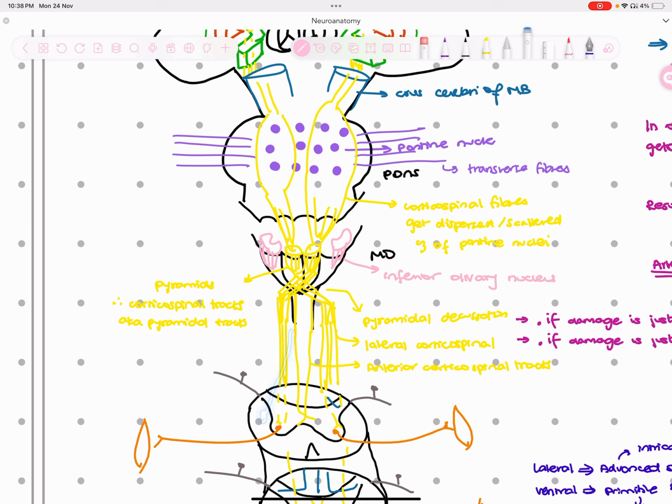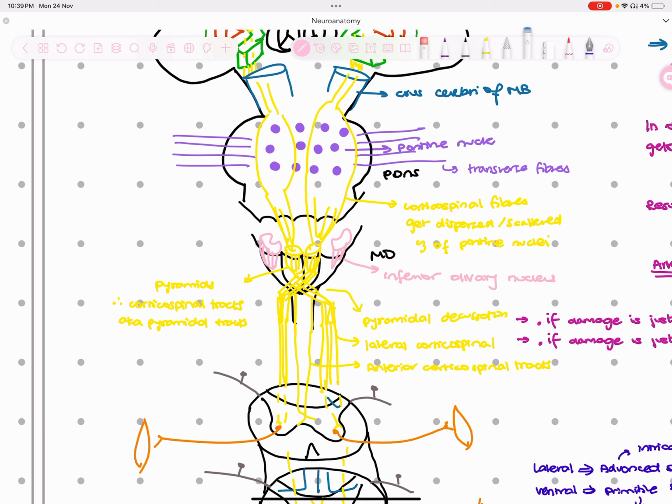Also, there are some fibers that do not decussate at first, and they just come down anteriorly in the anterior white column, and then they decussate at this level, in the gray matter. After entering the anterior white column of the spinal cord as the anterior corticospinal tract, these fibers eventually cross the midline and terminate at the anterior gray column.